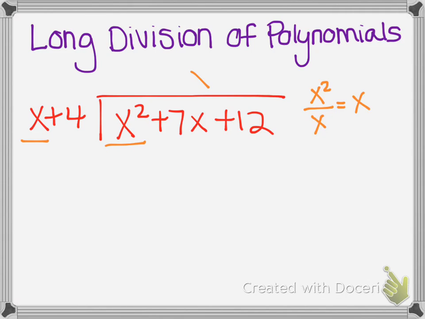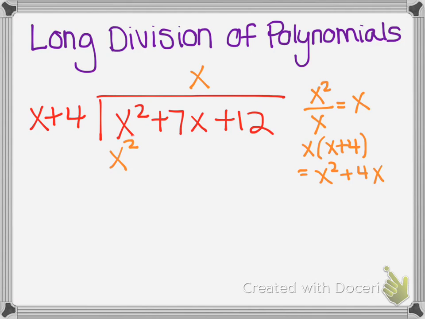I always like to have my like terms lined up, so since x is a linear term, I'm going to put it above this 7x, because that's also a linear term. Then we take x and multiply it by x plus 4, and we get x squared plus 4x, and that goes underneath our dividend.